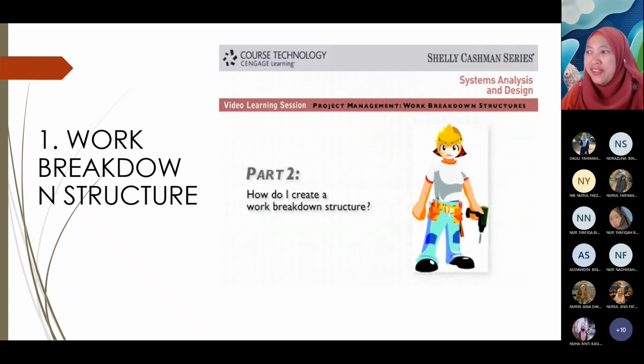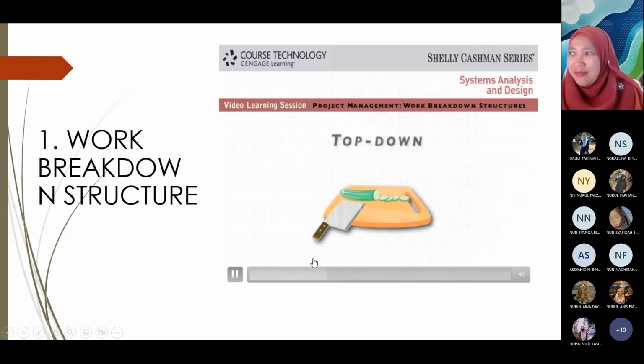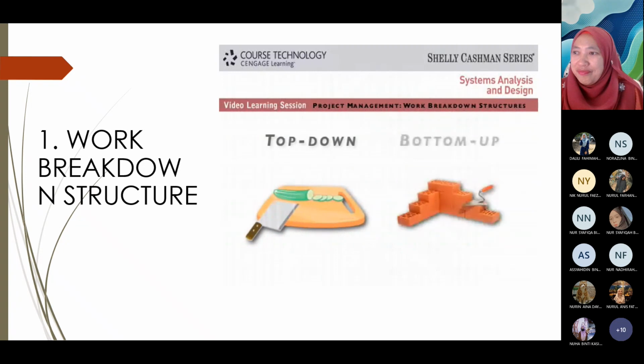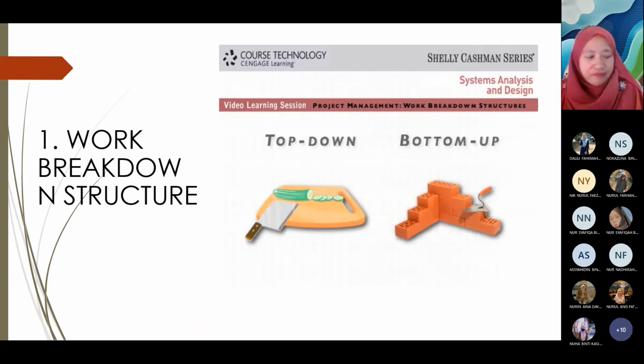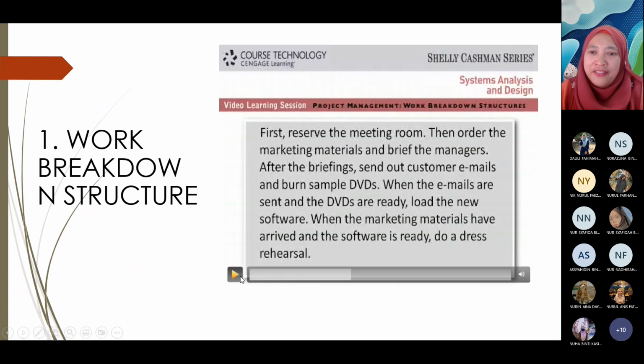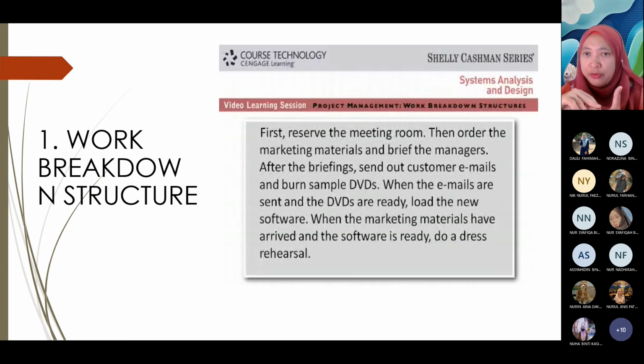Then we make it specific. Now after we have identified the tasks, first we identify all tasks and try to estimate the milestones. The second step in preparing the work breakdown structure is to split it into small tasks, meaning sub-tasks.